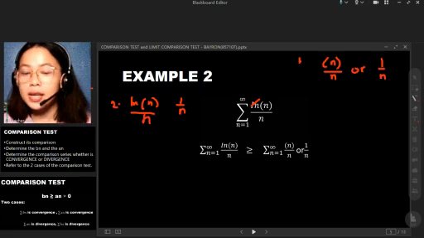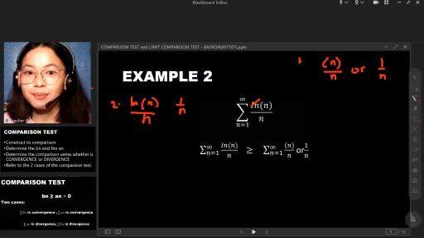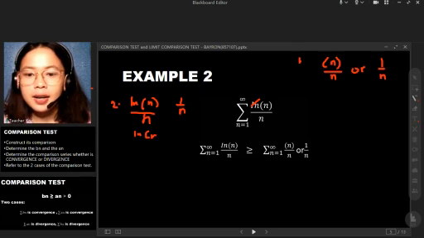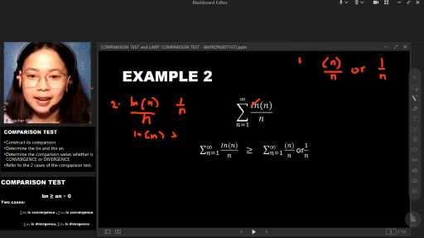But we can use its numerator. Okay? So we have here natural log n is greater than 1.